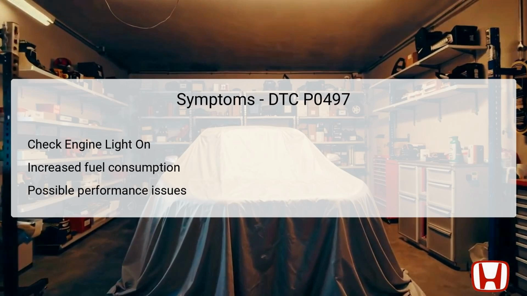Performance issues such as lower engine power or abnormal idling might occur as a direct consequence of disrupted vapor recapture. Additionally, there might be a noticeable smell of fuel, which could suggest that vapors are escaping rather than being routed to the engine. These symptoms can compromise both vehicle performance and long-term reliability, making it important for drivers to promptly diagnose DTC codes like P0497.